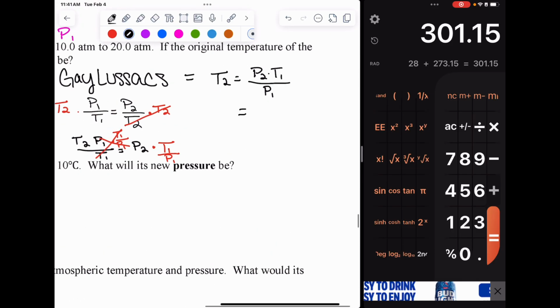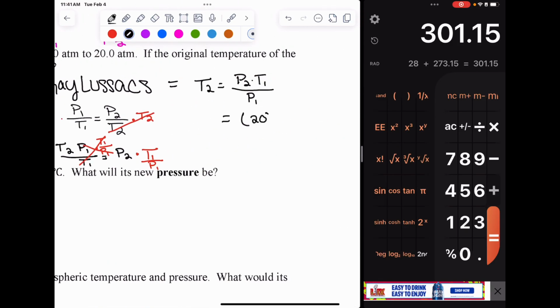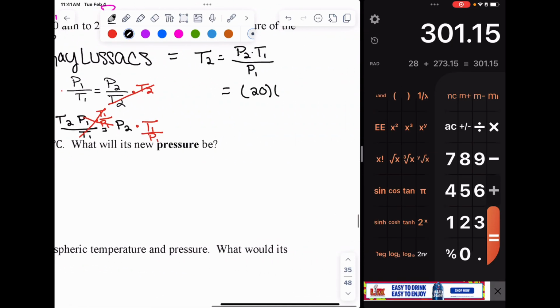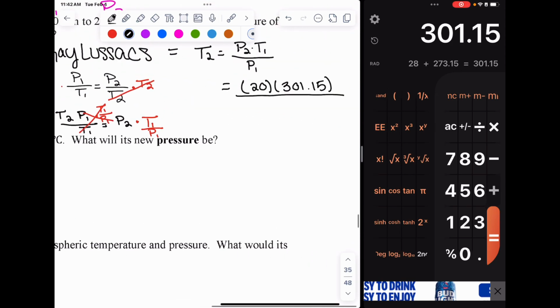If we go ahead and plug in what we have so far, we know P2 is 20, T1 is 301.15, and P1 is 10.